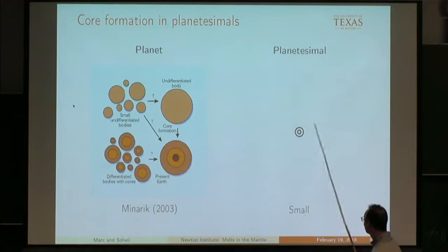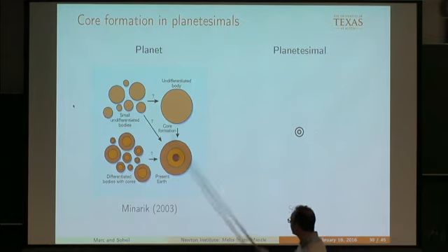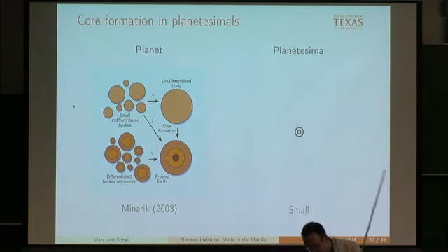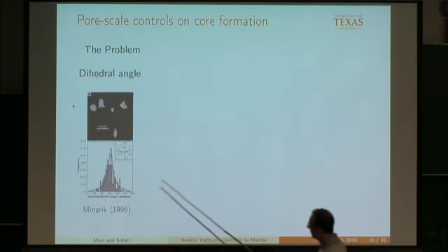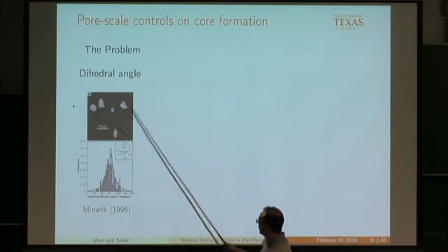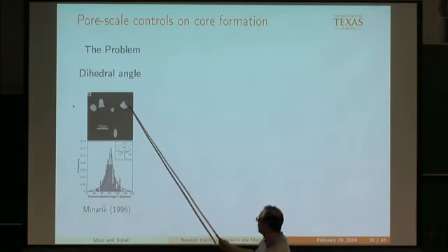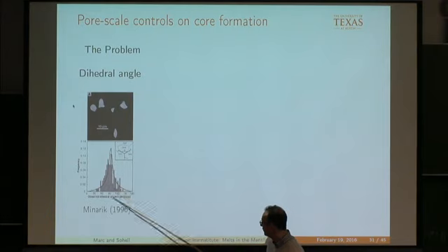There are, of course, geochemical observations that suggest that a lot of these planetesimals formed cores very early on, and the question is how. But there's also the fact that the big planet may have actually been assembled from pre-differentiated little planetesimals. The non-surprising problem is that if you look at the dihedral angle that an iron-nickel type melt has on olivine grains, the angle is large, somewhere around 90 degrees.